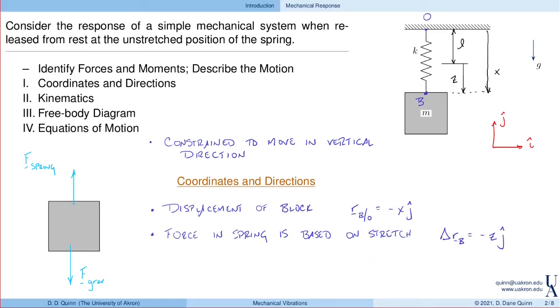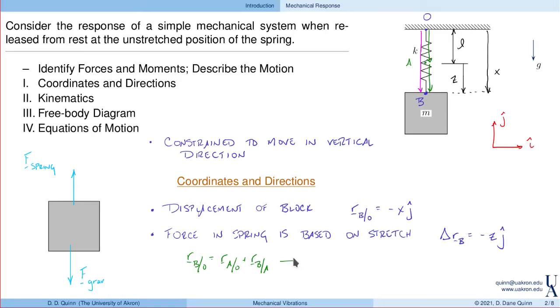These two things are related, though. Let's define a point A here that would correspond to the unstretched position of the spring. The position of B with respect to O is the position of A with respect to O plus the position of B with respect to A. So basically it's this vector plus that vector equals that vector.